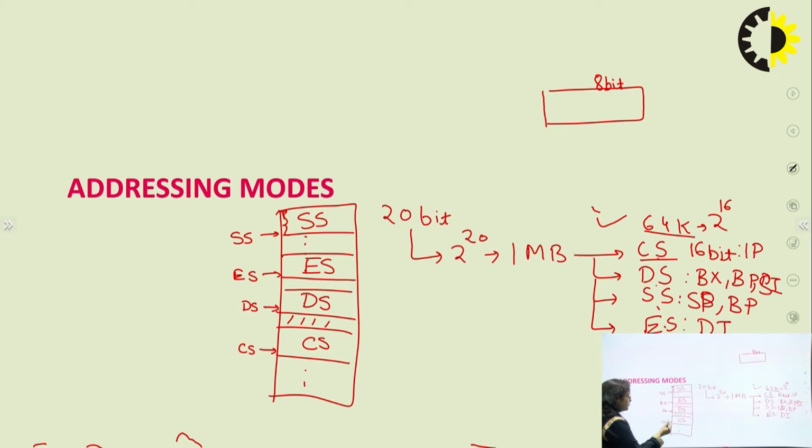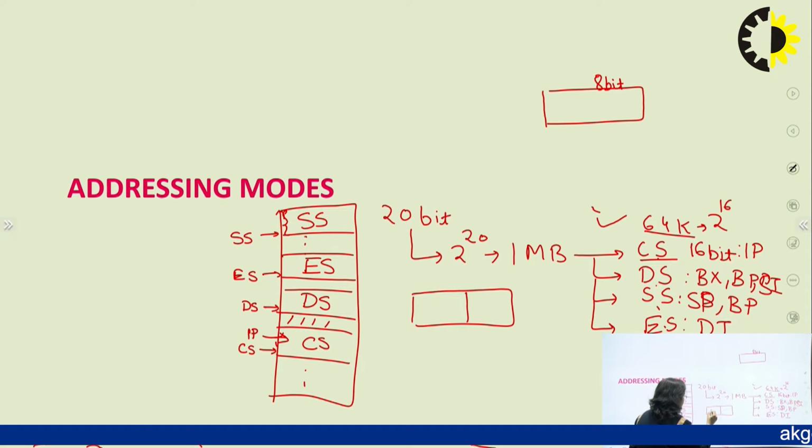For example, if we talk about the code segment and we have to go to a particular address within this code segment, then this offset address is specified in the instruction pointer, and the complete 20-bit physical address is obtained using the segment register, which is shifted left by 4 bits, that is, 4 zeros are appended.